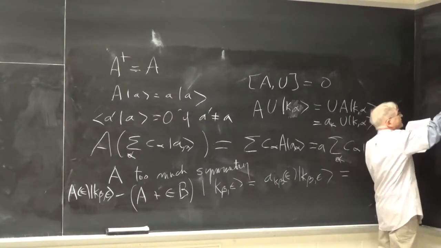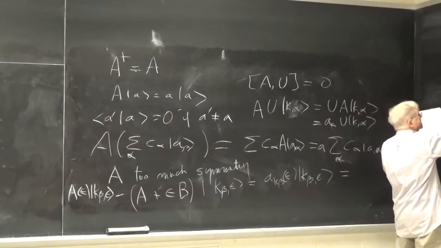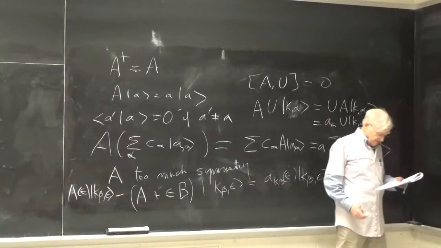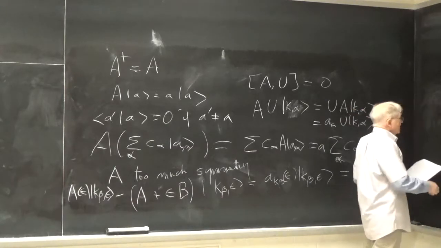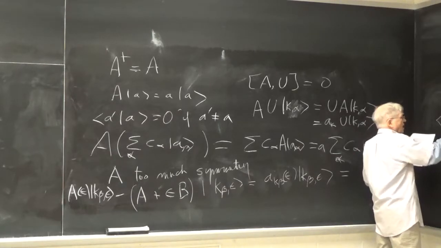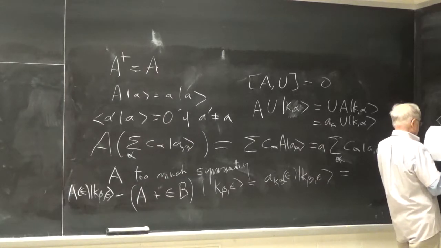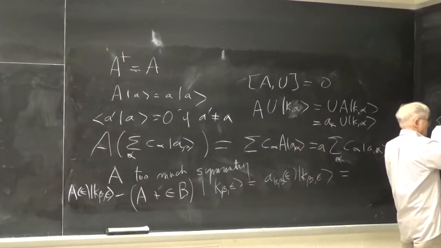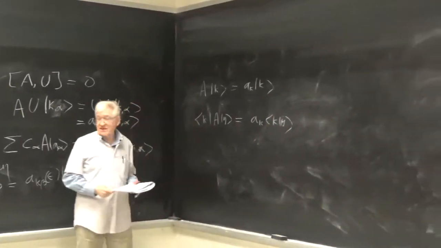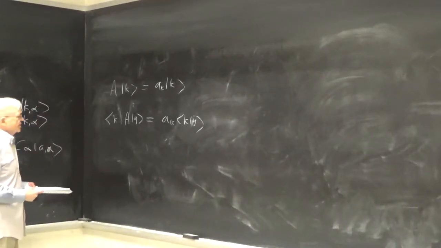Suppose we have A K is A sub K, K. So K is an eigenvector of A. And now we take this matrix element, K A, Y, and this will be A sub K, K Y, because of course the eigenvalues of a Hermitian operator are real. I forgot to repeat that for you.